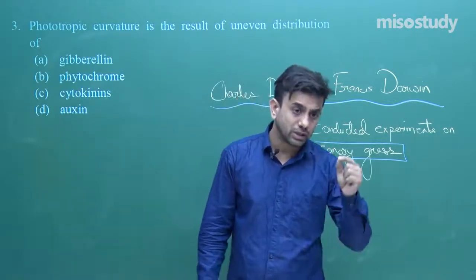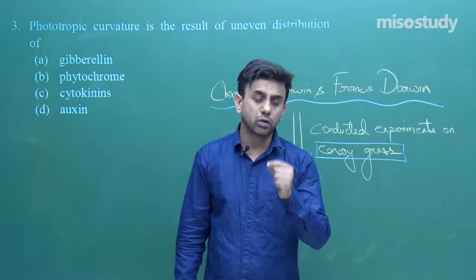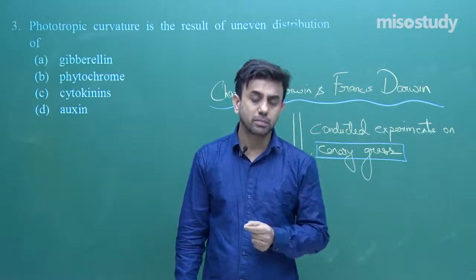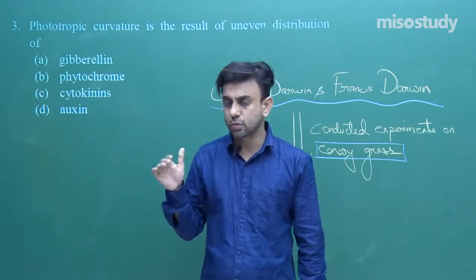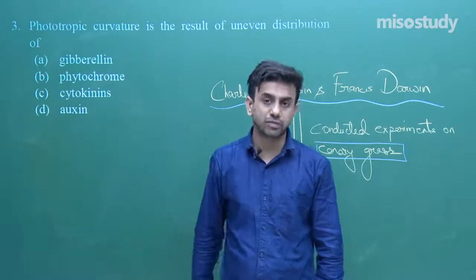That means there is some chemical in the top part of the plant, the part exposed to light, which makes it move in the direction of light.